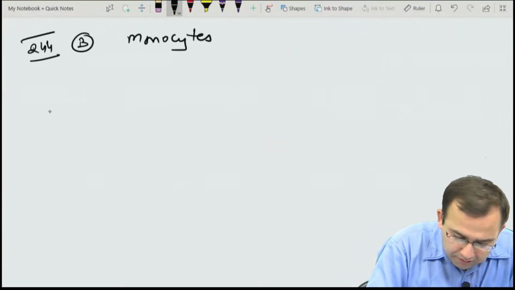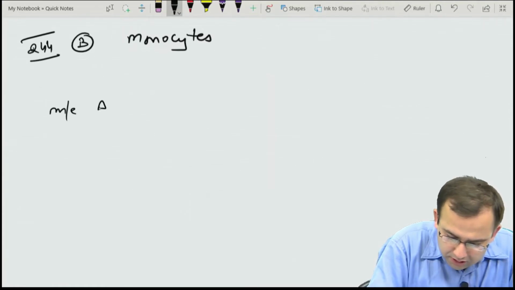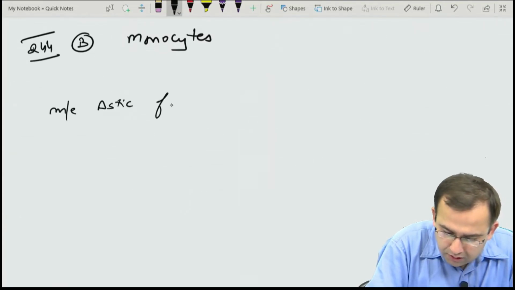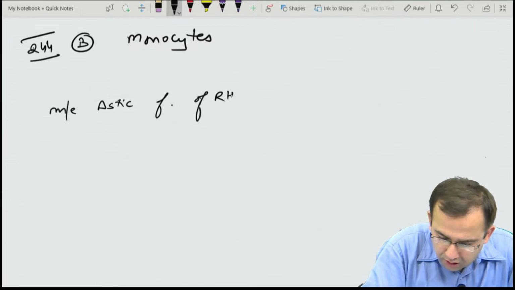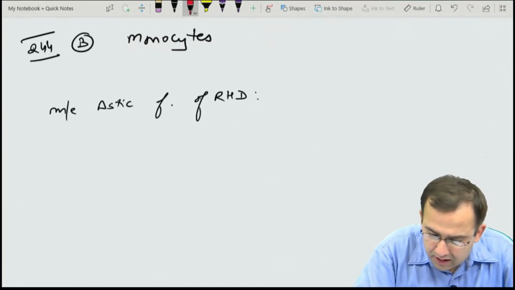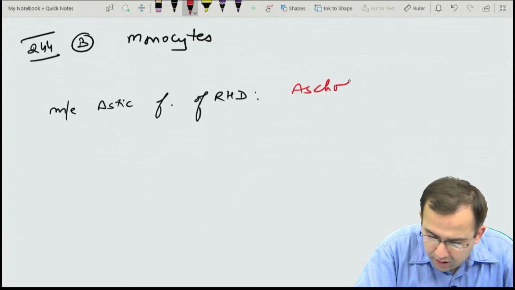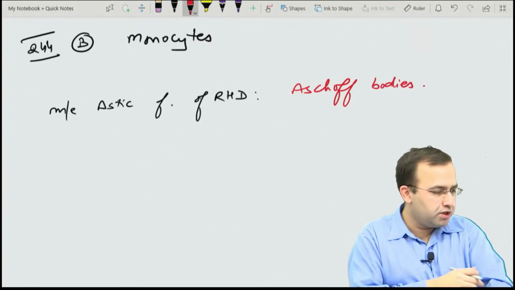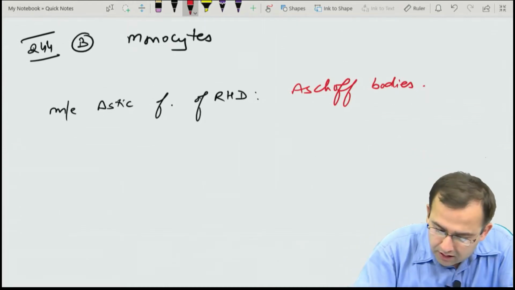First point, the microscopic diagnostic feature of rheumatic heart disease is the presence of Aschoff bodies. What are they?